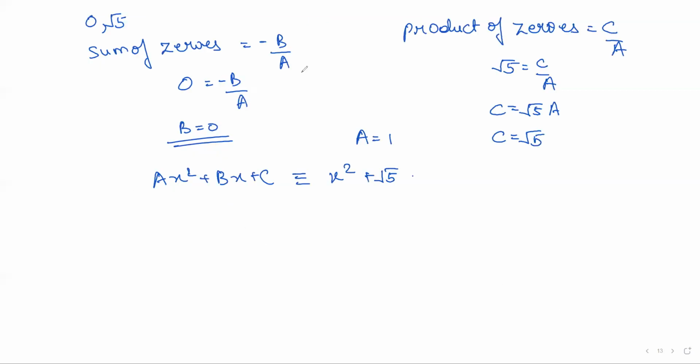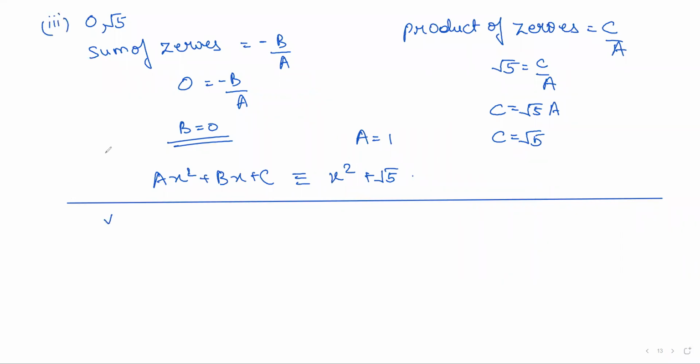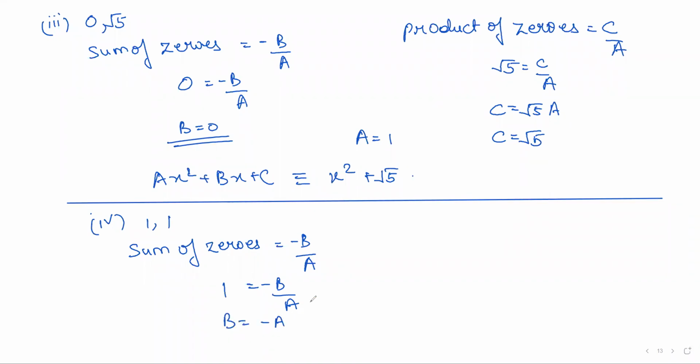Next values are 1 and 1. For 1 and 1, your sum of zeros is equals to minus b upon a. 1 is equals to minus b upon a. B is equals to minus a.